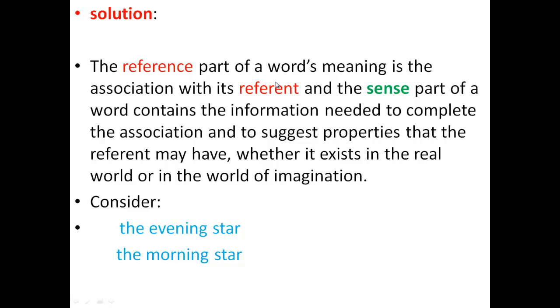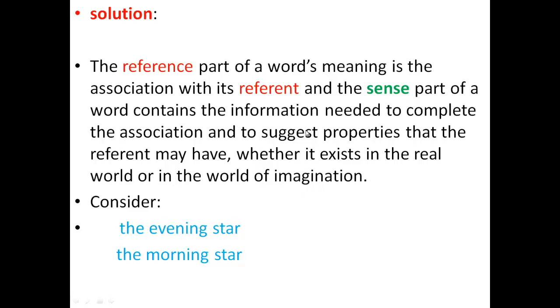The reference part of a word's meaning is the association with its referent. This is what we said. And this is the second part: the sense part of a word contains the information needed to complete the association and to suggest properties that the referent may have, whether it exists in the real world or in the world of imagination.